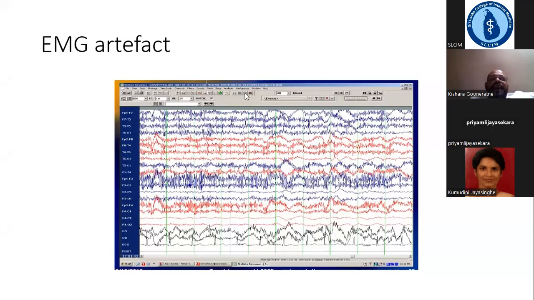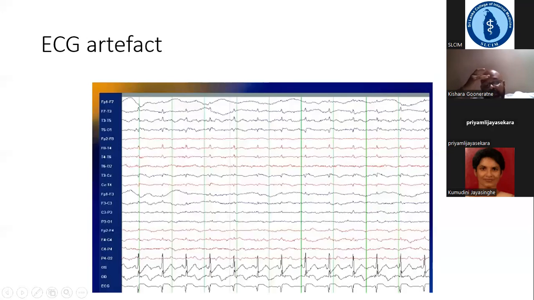So we need to be very careful when we interpret these EEGs, so as not to make an erroneous diagnosis. Now, this is actually an example of ECG artifact. If you notice, there is a lead right at the bottom, which is the ECG lead, right?